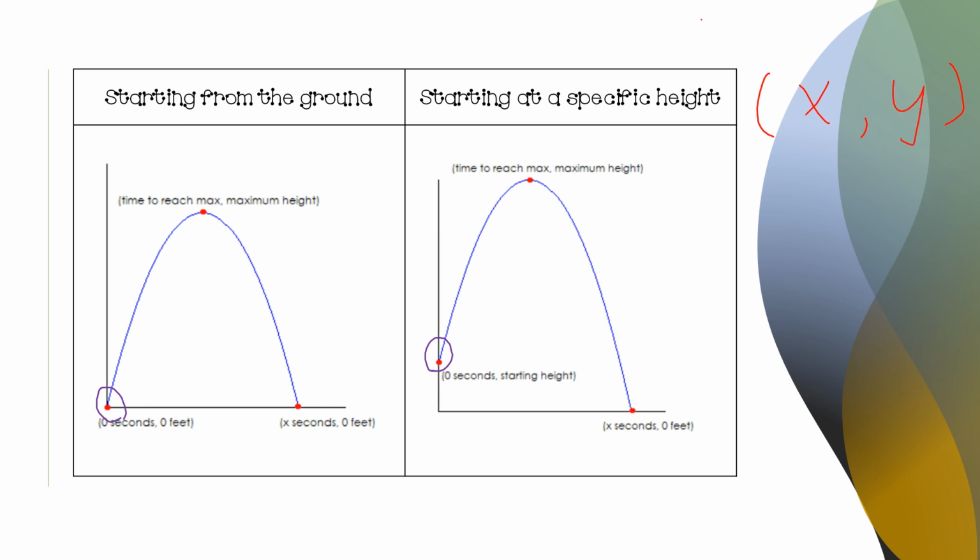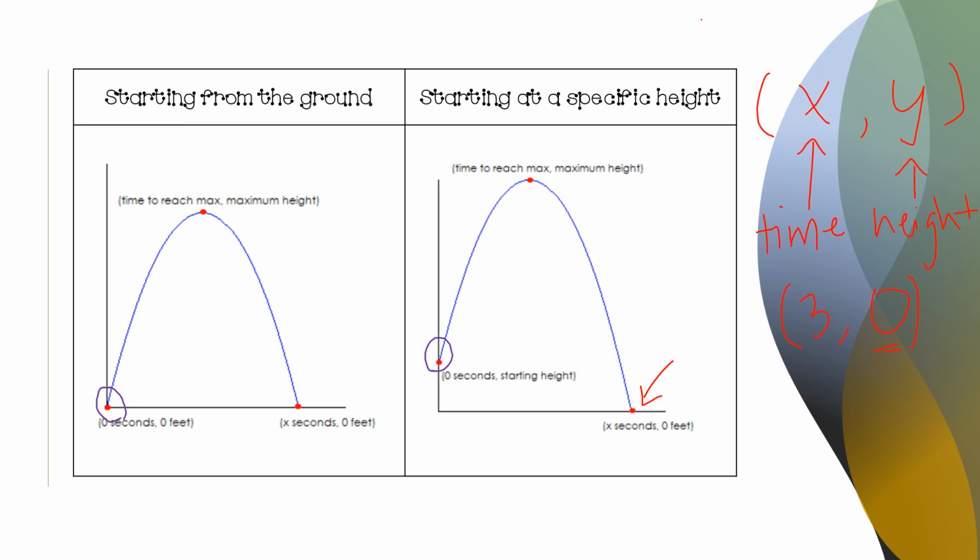For projectile motion word problems, the x value is always going to represent time, and the y value is going to represent the height. So if I gave you the point (3, 0), that means that the height is 0, which is the ground. So the x-intercept is always going to be the time that it takes to reach the ground.